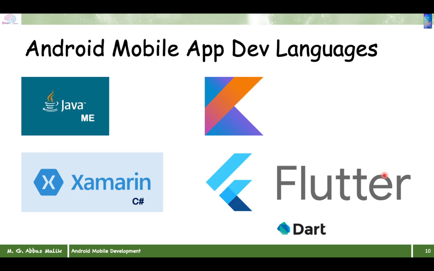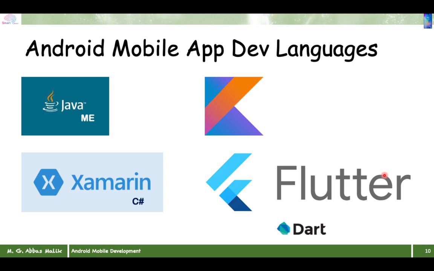We also have Xamarin. Xamarin is a cross-platform application framework which allows you to develop software for mobiles, for desktops, for iPhones, even for the Mac as well. If you have a Mac, then you can do that. And the programming language is C#.